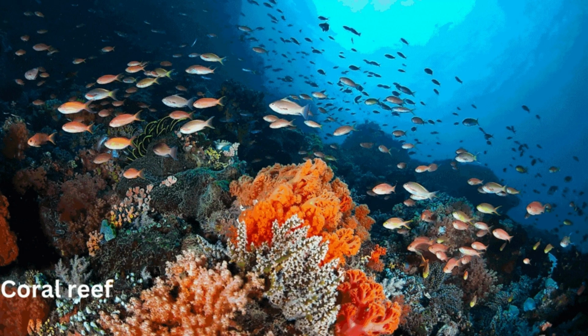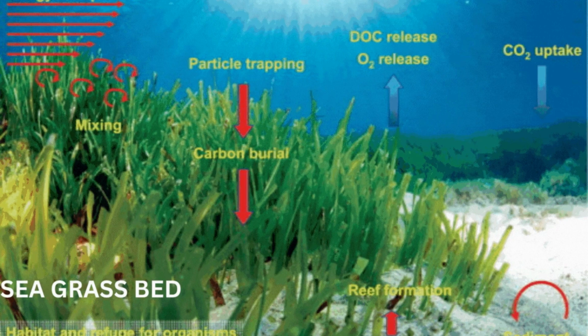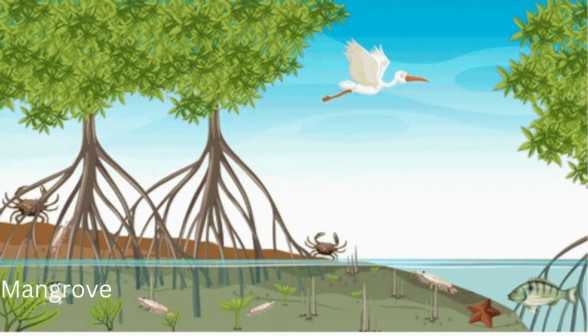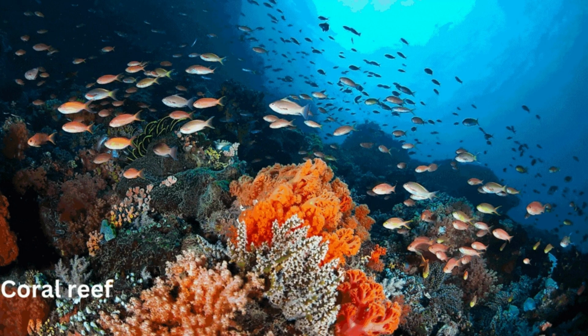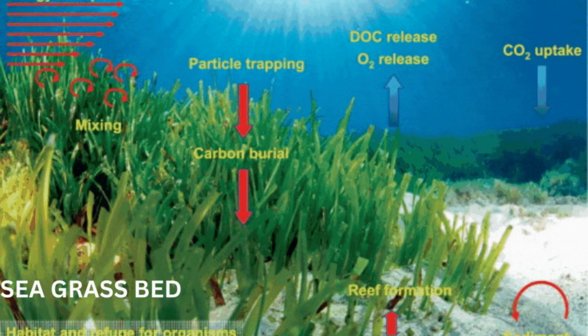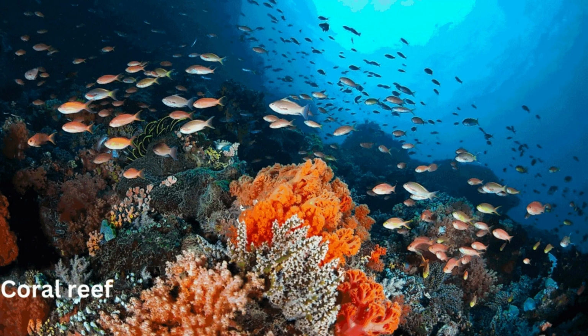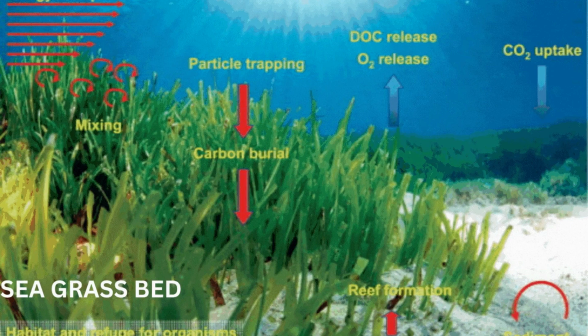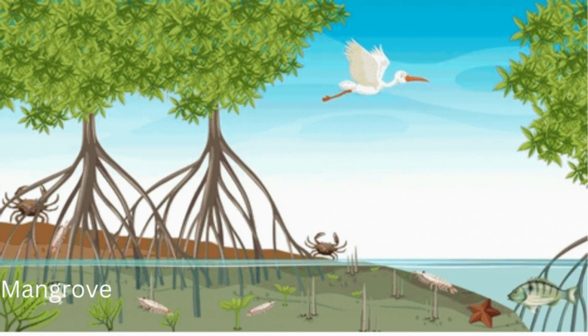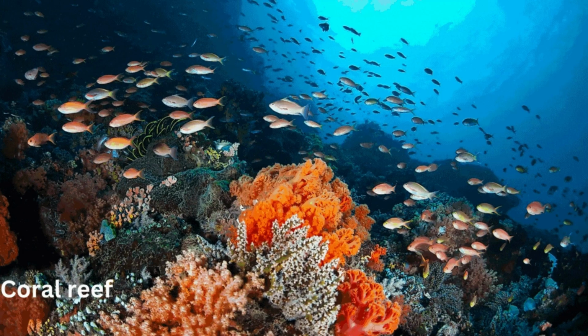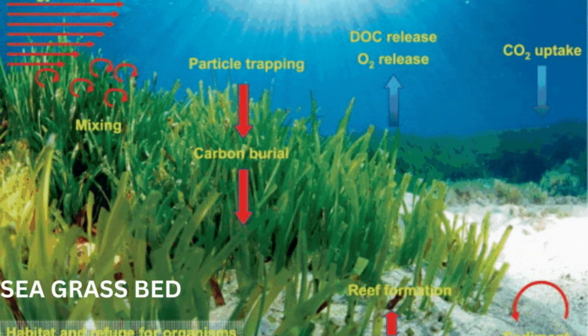They also help to filter out pollutants and therefore help to protect the coral reefs, which need clean water. Mangroves also act as buffers and so protect the coastal environment against flooding.